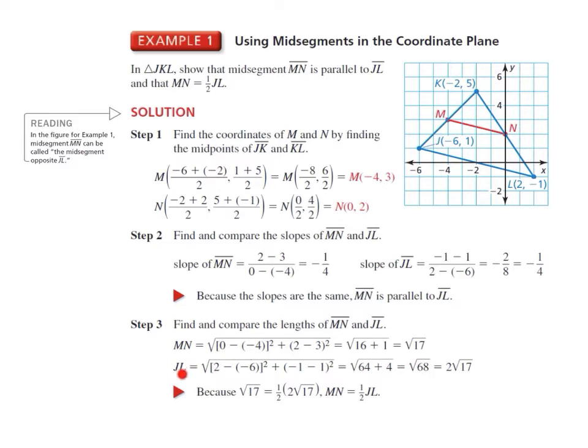Then we plug in coordinates for J and L into the distance formula, simplify the radical completely, and we get 2 times the square root of 17. So we can see that MN is half the length of JL. Because square root of 17 is equal to half of 2 square root of 17, we can conclude that MN is half the length of JL.